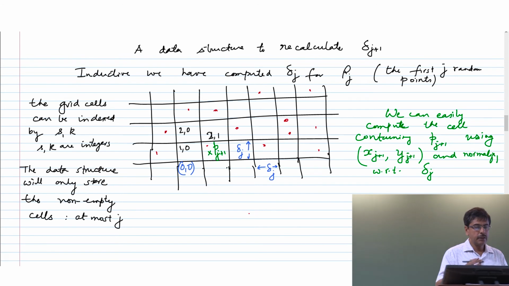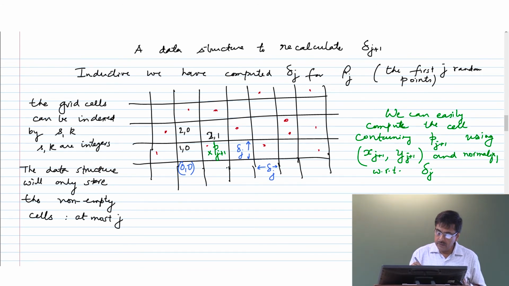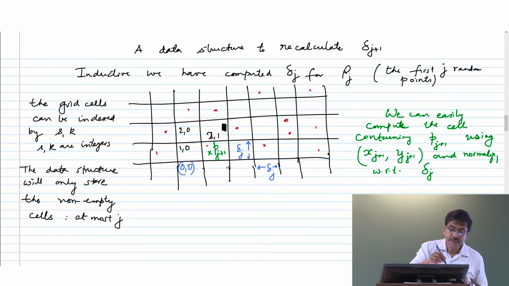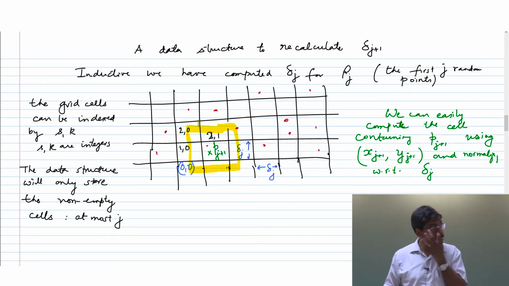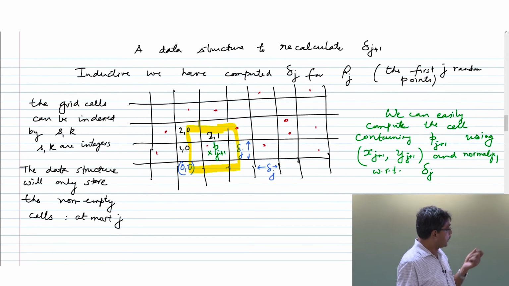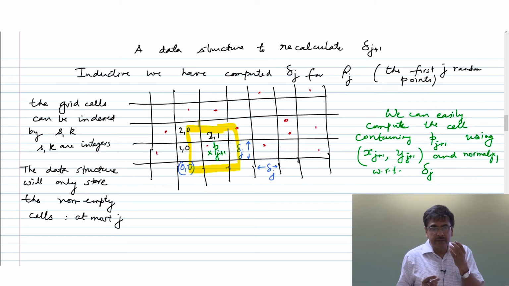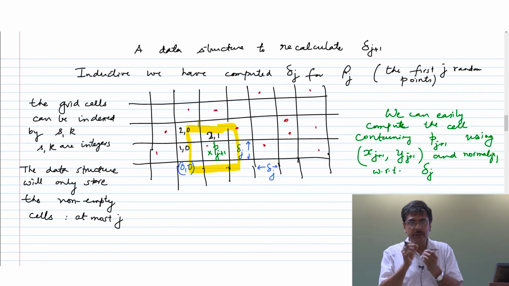For instance, here, if you look across, you may have to look across the neighboring cells, because there could be a point in the neighboring cell which is very close to the boundary and it could be less than delta. Essentially, is there a point that is potentially closer than delta j?